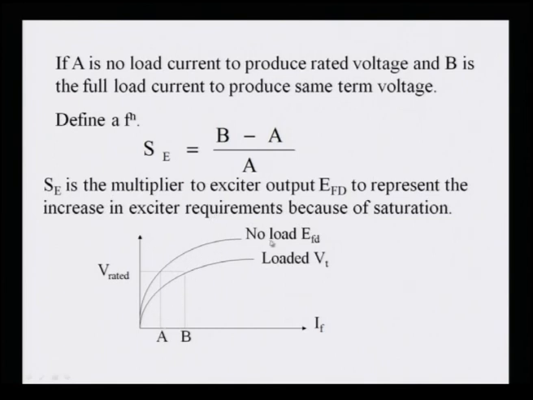You can see this is the no load EFD, here is the rated voltage and this is the field current. A is the value where you have your rated voltage, but due to the loading the terminal voltage is going to decrease and this is your B. So, this saturation factor is defined as B minus A upon A. This factor is to be incorporated in the model. This is basically the multiplier to the excitation EFD, taking care of the saturation.